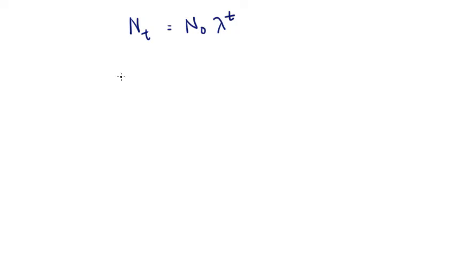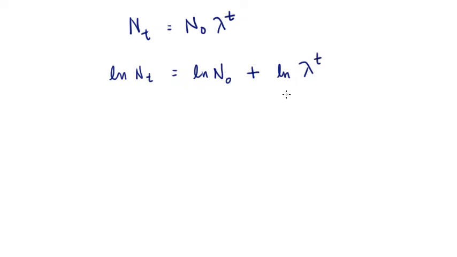So before getting to the derivatives, let's start by taking the natural log of both sides of this exponential growth equation. It will be the natural log of n sub t is equal to the natural log of n sub 0 plus, because that's what you do when you're talking about exponents of a set base, the natural log of lambda raised to the tth power.